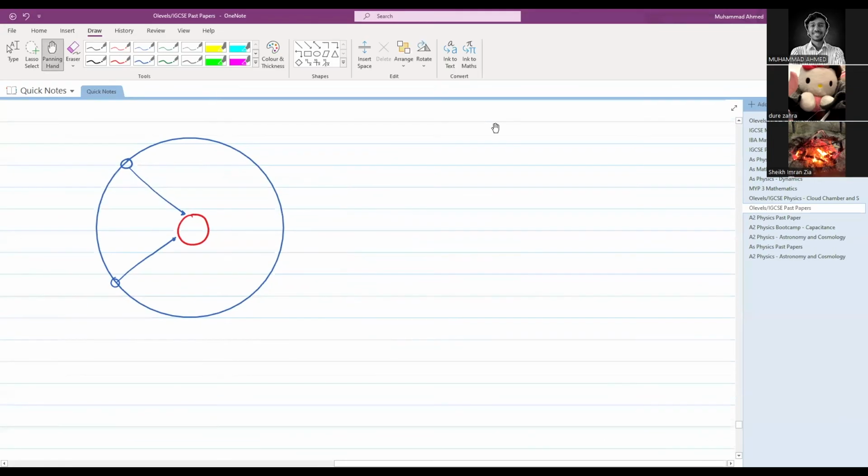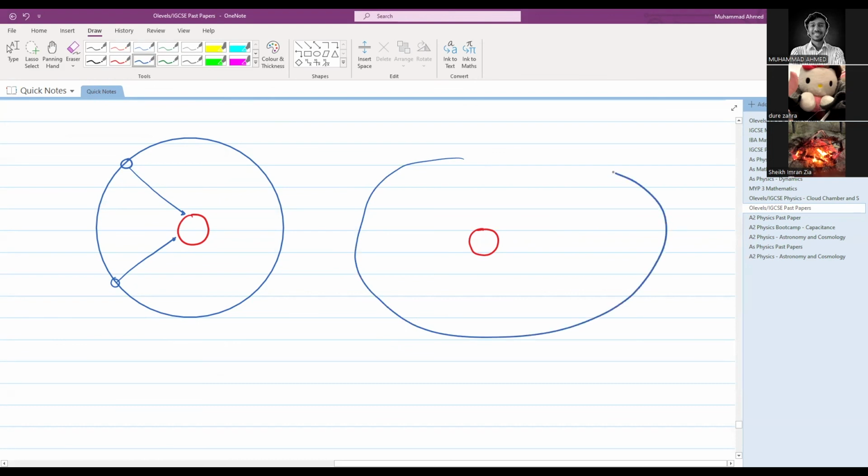But in reality, what happens? The earth is orbiting in an elliptical orbit like this. The points where the earth is far away from the sun, the force is less. And the points where the earth is closer to the sun, the force is greater.